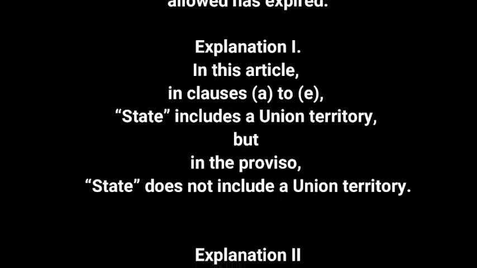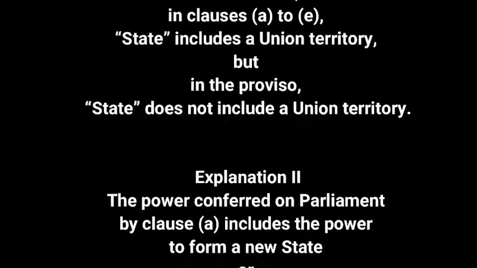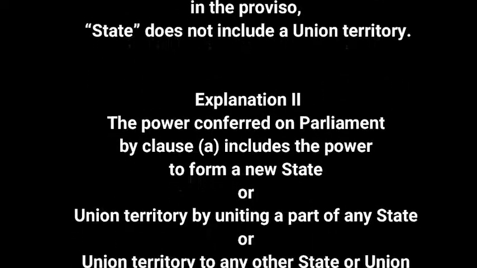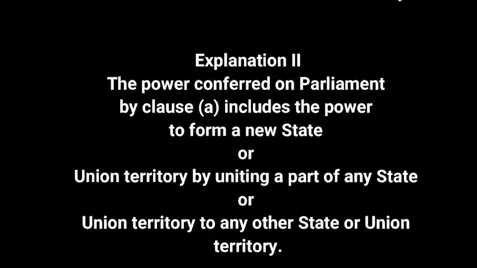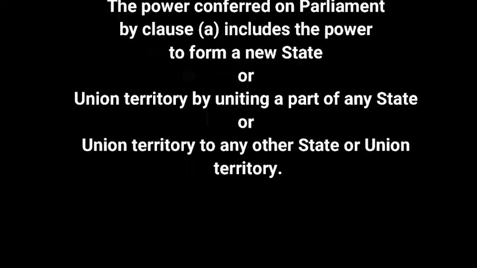Explanation 1. In this article, in clauses A to A, state includes a union territory, but in the proviso, state does not include a union territory. Explanation 2. The power conferred on Parliament by clause A includes the power to form a new state or union territory by uniting a part of any state or union territory to any other state or union territory.